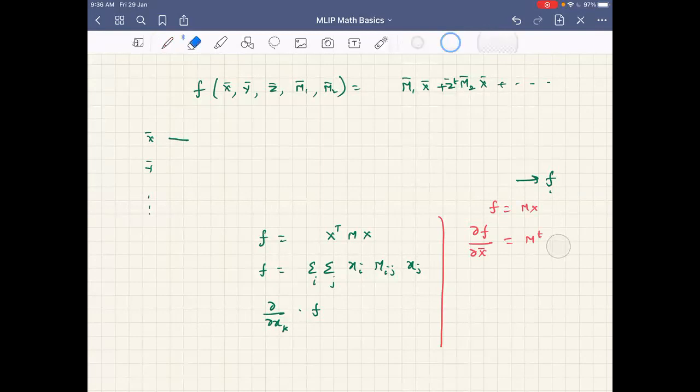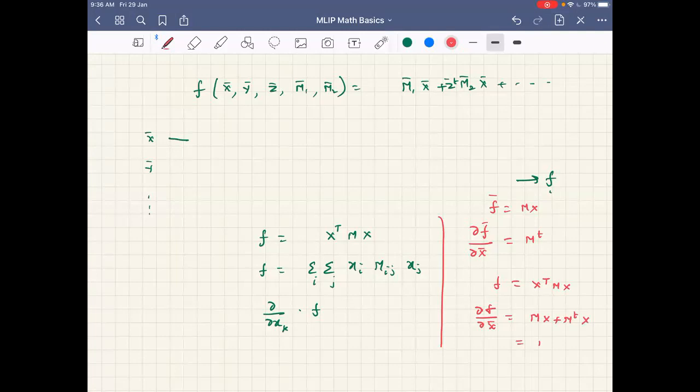And when f is equal to x transpose Mx, what did we get as the derivative? What is the answer we have got? Mx plus M transpose x.